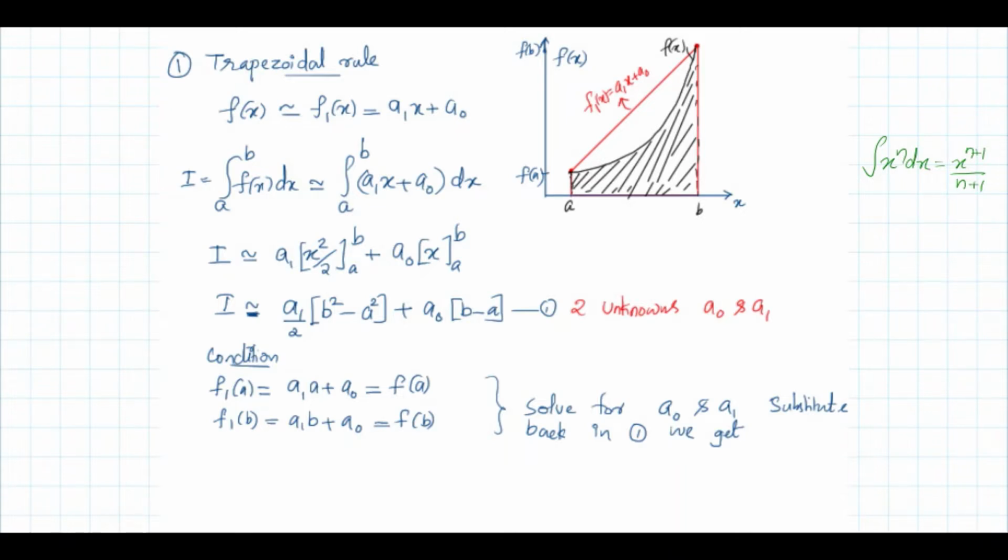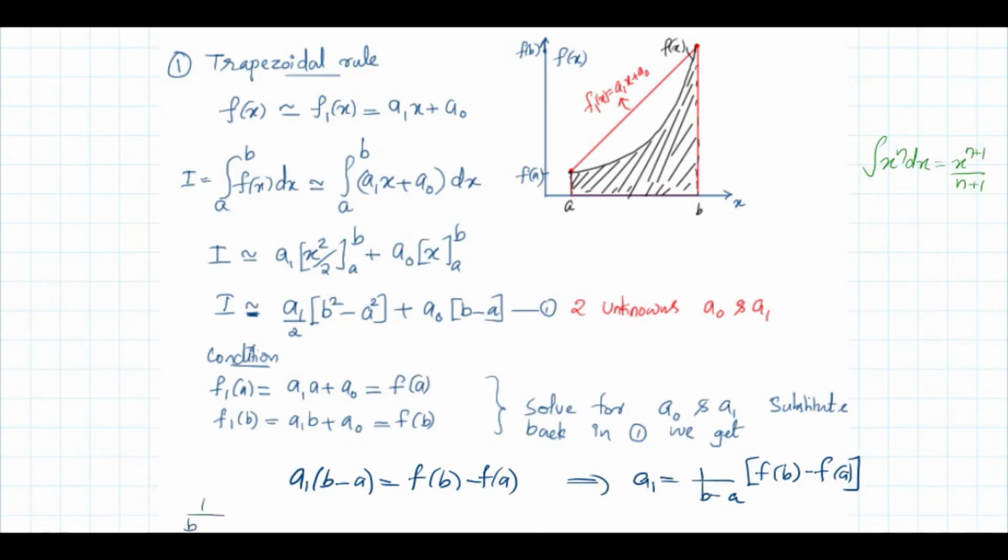If you subtract these two, you get a1 times (b minus a) equals f(b) minus f(a), or a1 is 1 by (b minus a) into (f(b) minus f(a)). This is the value of a1. Substituting that value of a1 in one of the equations, we get 1 by (b minus a) into (f(b) minus f(a)) into a plus a0 equals f(a).